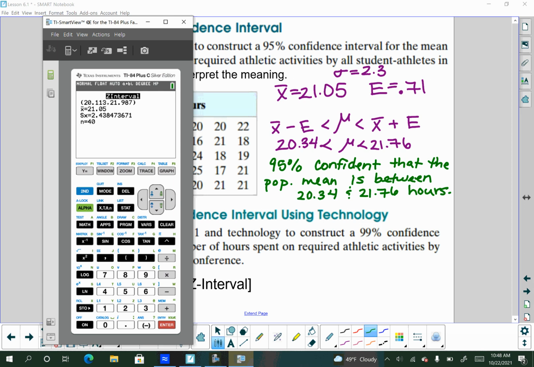So if we're trying to approximate the mean, the 99% one is going to be wider because the probability that our mean is contained in that is higher, right? So the wider we make it, the more likely it is that our population mean is going to be located there. But the downside to that is if you're truly trying to estimate the population mean, a wider interval means the estimate is maybe not necessarily as accurate, right?